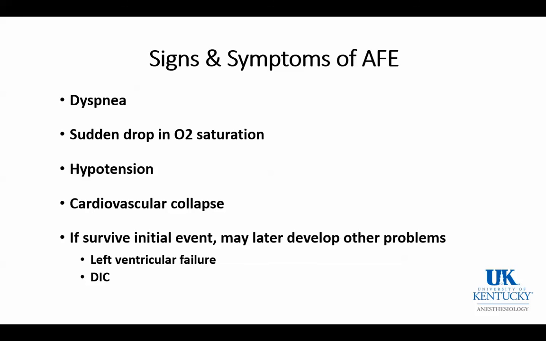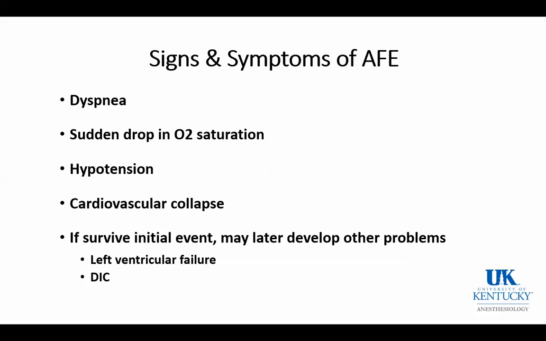How is the patient going to present? Generally, they will present with all of a sudden onset of dyspnea and a sudden drop in O2 saturation. From there, they usually have significant cardiovascular compromise with the development of hypotension, sometimes even full cardiovascular collapse and cardiac arrest. So that is sort of phase one of your amniotic fluid embolism.